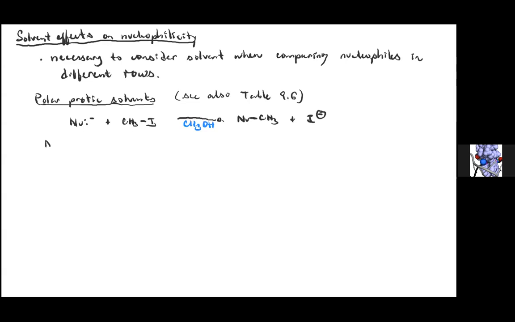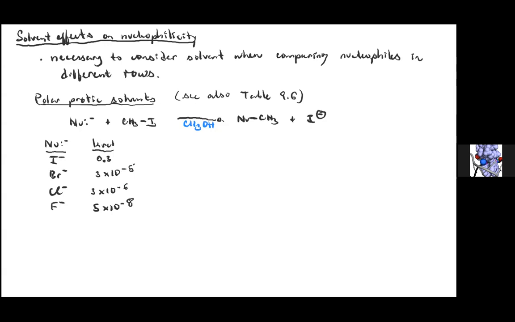For halogen-based nucleophiles, I minus, Br minus, Cl minus, and F minus, the relative rates are fastest for I minus, 0.3, and slowest for fluoride, 5 × 10⁻⁸, and intermediate for chloride, 3 × 10⁻⁶, and bromide, 3 × 10⁻⁵.